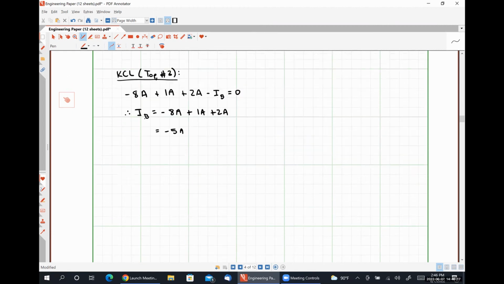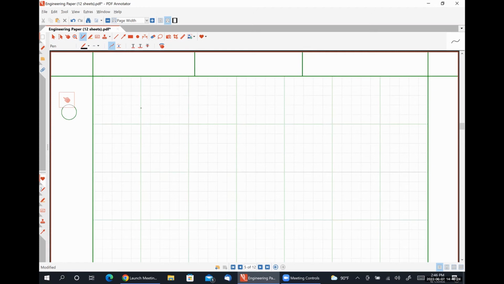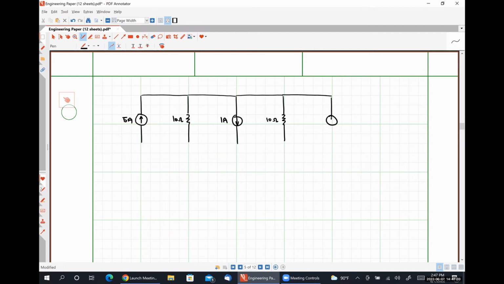Okay, so let's say that we have the following circuit, where we have a 5 amp source, a 10 ohm resistor, a 1 amp source, a second 10 ohm resistor, and a 6 amp source. Direction up.